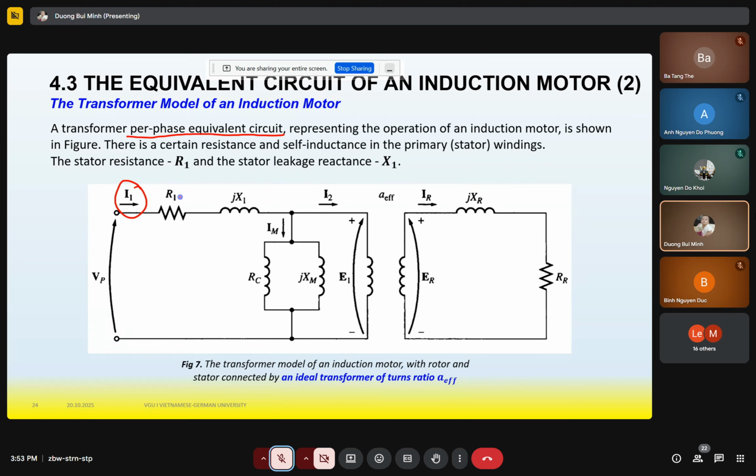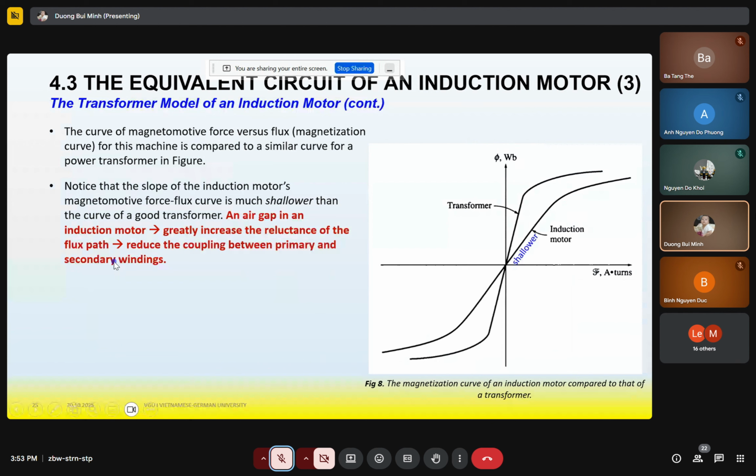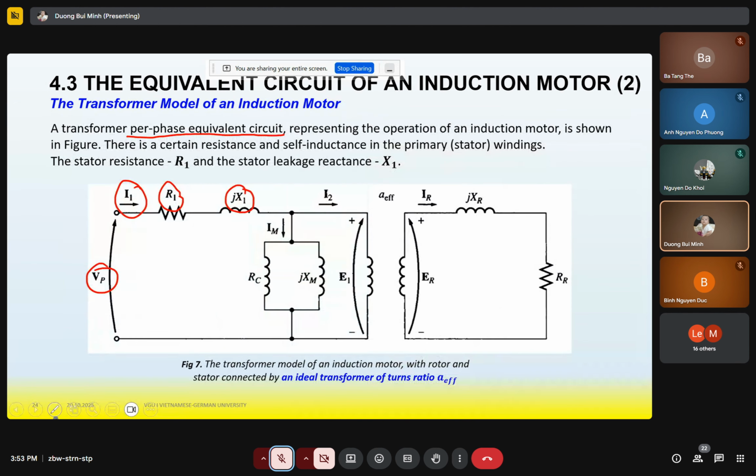So this is the stator resistance, stator reactance, input phase voltage, IM or I0, reluctance, and magnetizing reactance.